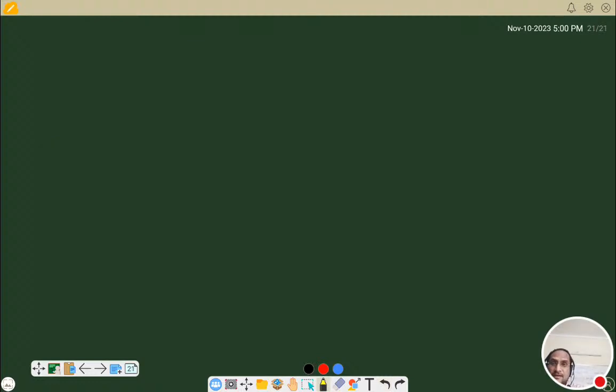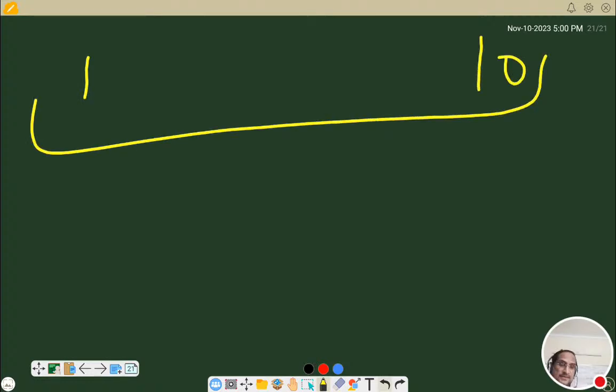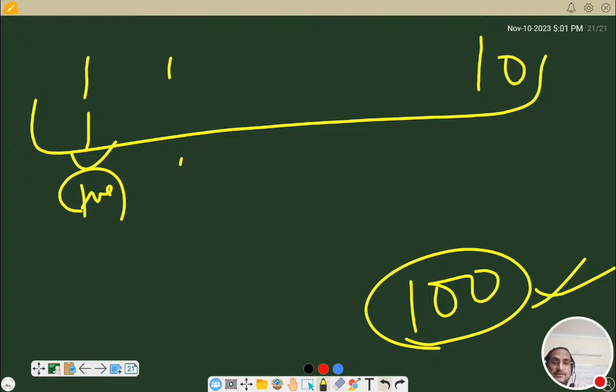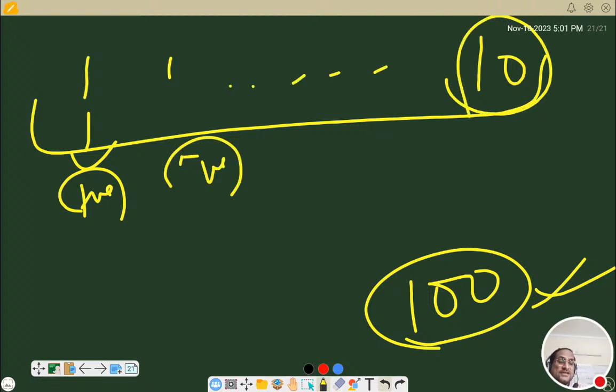Suppose the population number is 100 and the sample number is 10. 10 people out of 100 are selected. This person commits some positive error, another person commits a negative one. Likewise, there is a chance that by the time we reach the 10th person, either the error will be 0 or it will be very, very small.